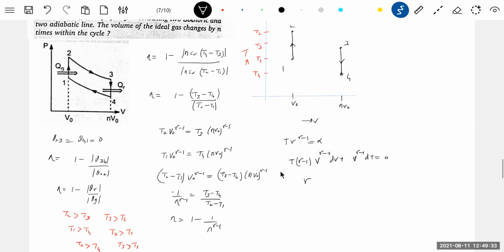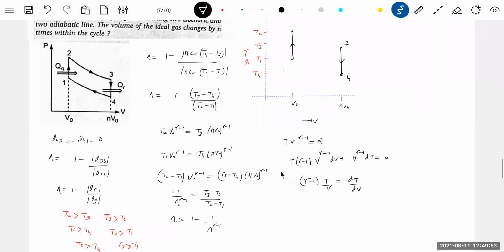Okay, this will be (gamma minus 1) T by V equal to minus of dT by dV. Check it once.